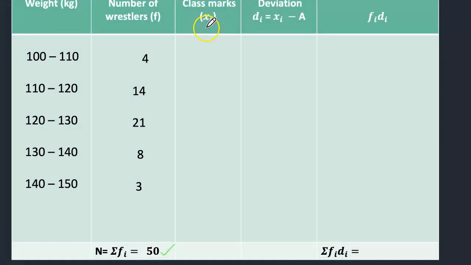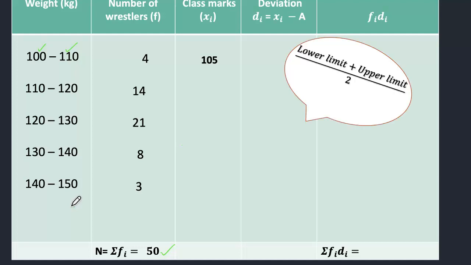How to find the class mark? Class mark equals lower limit plus upper limit divided by 2. So we add 100 plus 110 divided by 2. The result is 105.